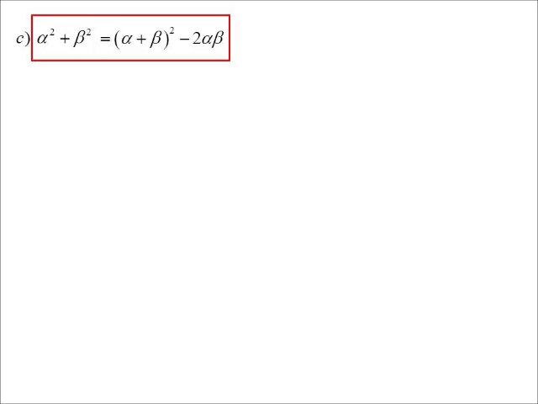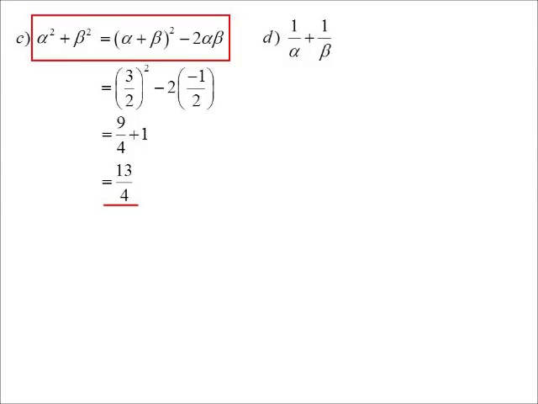I've moved the 2 alpha beta term across. I love to ask that question. So remember that idea, alpha plus beta all squared minus 2 alpha beta, and the question becomes quite easy now, because I can substitute in what we've already found for alpha plus beta and alpha beta, and I end up with 13 on 4.